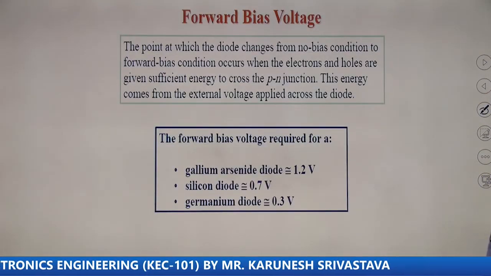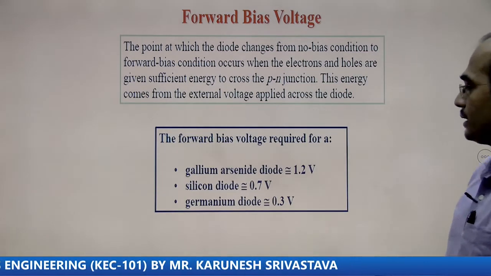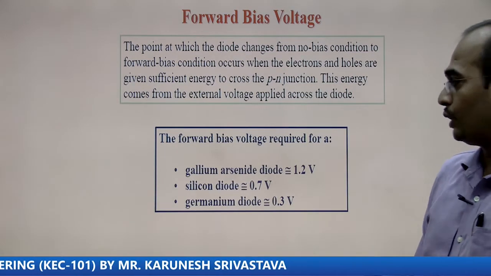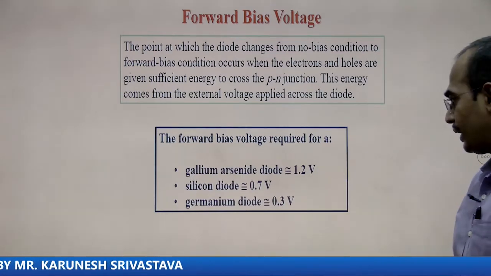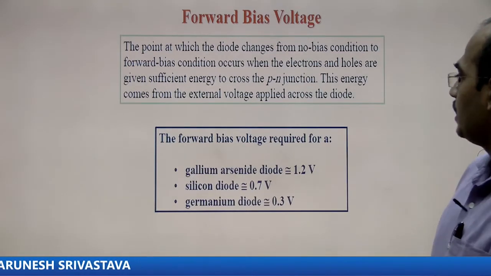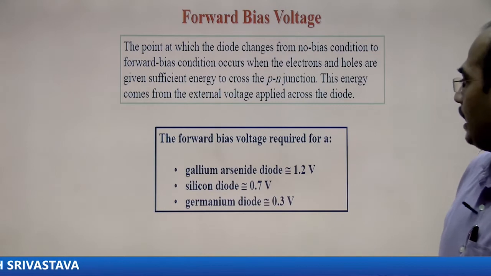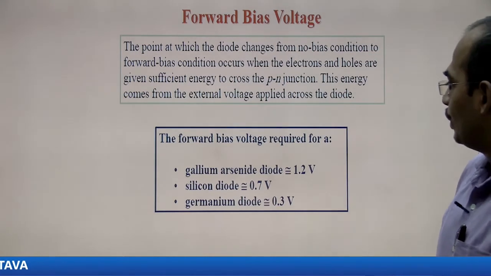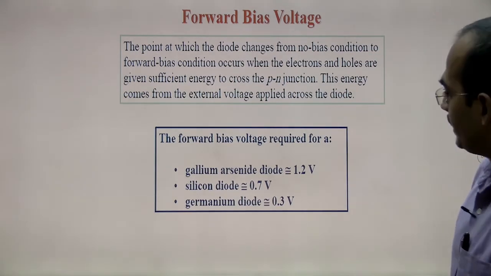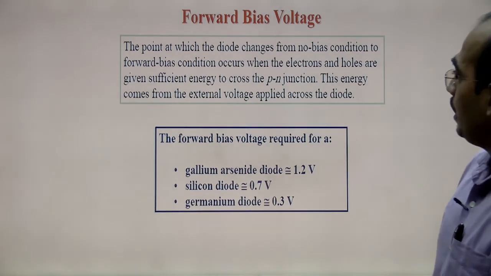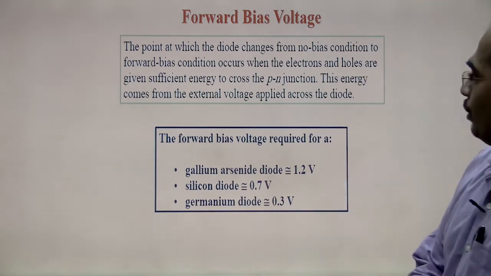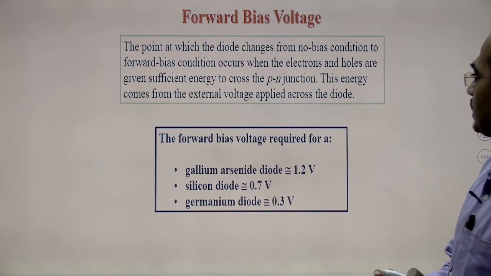This is the condition, or you can say this is the forward bias voltage for germanium, silicon and gallium arsenide. So the cut-in voltage for gallium arsenide is 1.2 volt, for silicon diode is 0.7 volt, and for germanium diode is 0.3 volt. Now, how can you say the diode is conducting?